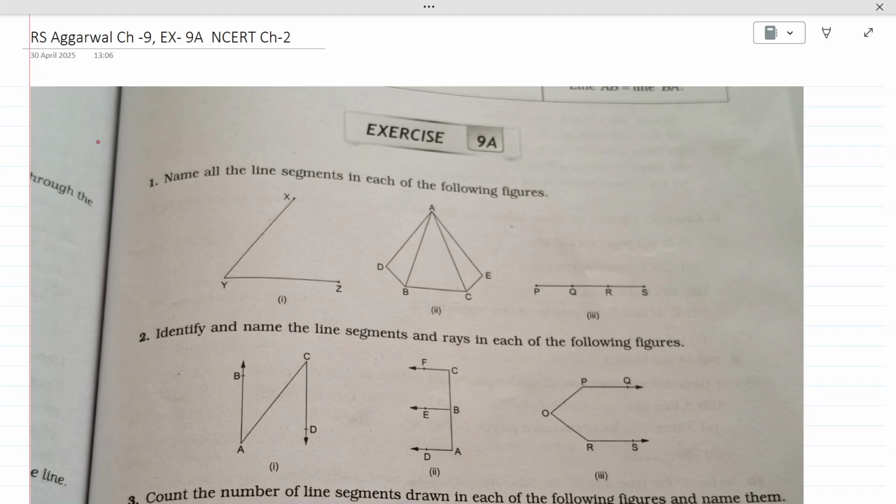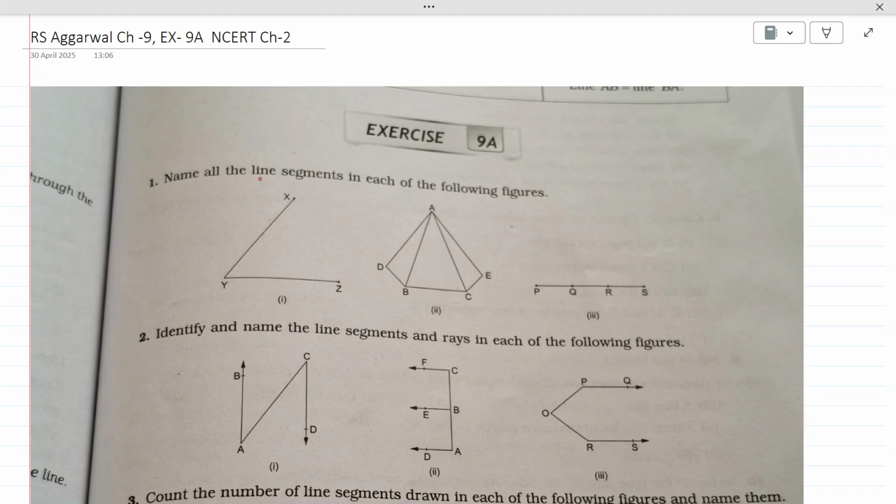The first question is, name all the line segments in each of the following. First of all, kids, by now all of us should know what a line segment is. But again, I'm just trying to make you memorize it. A line segment is a line which joins two fixed points. There is a definite length between these two points.